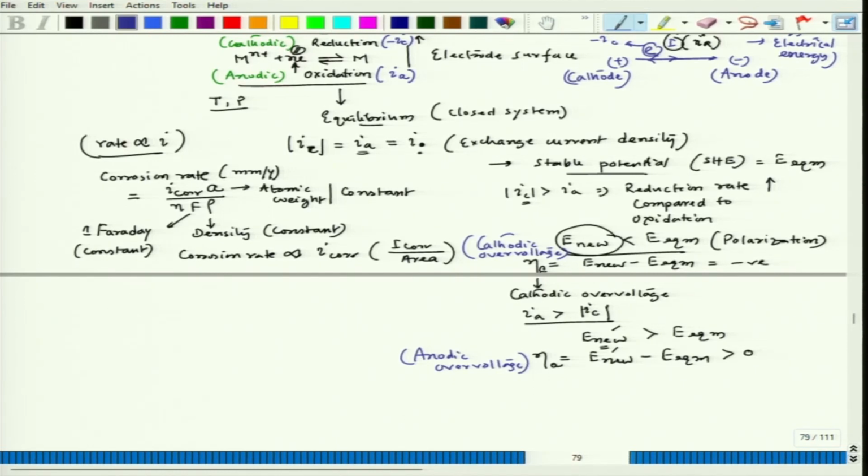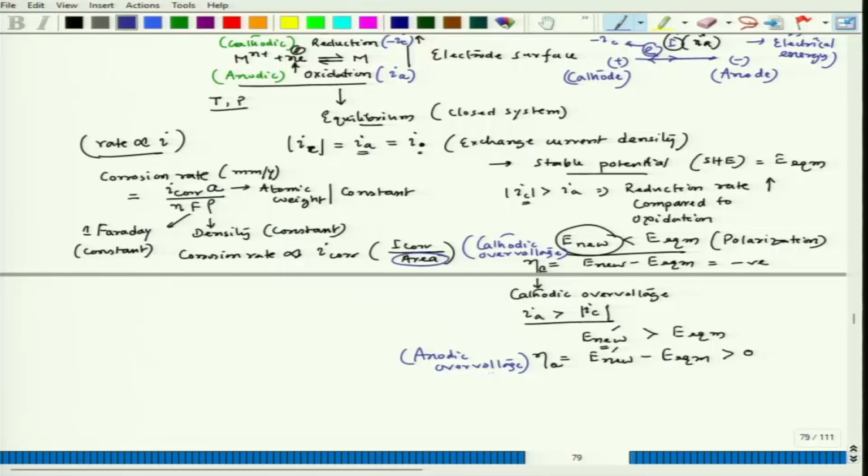Because the corrosion rate, or the reaction rate, is proportional to the current density, not current. Why? Because this area can be different for the same metal in the same solution, but the corrosion rate has to be the same if the condition is the same. Because of the area change, we can have a different current, but the current density would be the same. That is why we make use of current density.